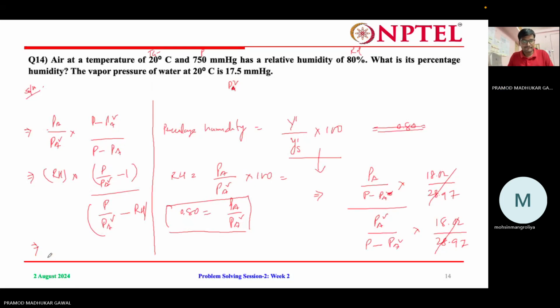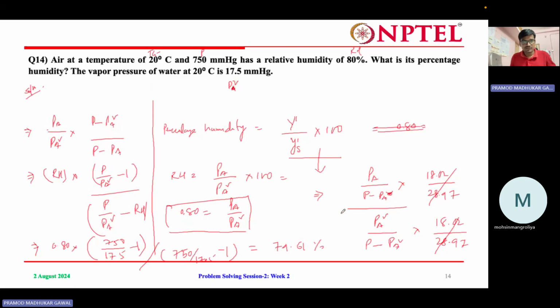All of you got clear? It's 0.80 into 750 divided by 17.5 minus 1, by 750 minus 1, so 17.5 minus 1, so 79.61%.